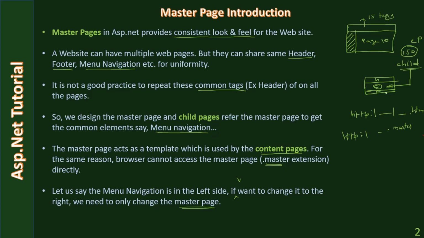That's the advantage of using the master page, and it will get reflected in all 150 child pages. Without a master page, if you changed the menu location in one page, for uniformity you would have to revisit all 149 pages and shift the menu from the left side to the right side.